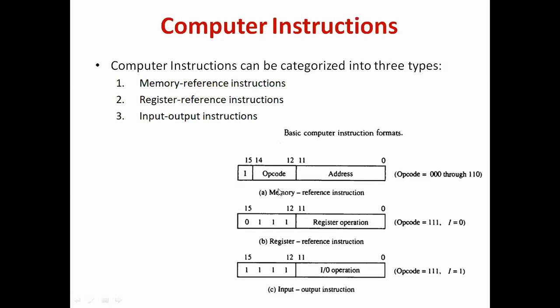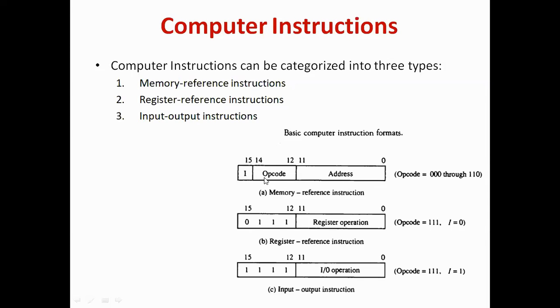If we say that this is the 16-bit instruction, the first 12 bits, 0 to 11, is the address, and the next 3 bits, 12, 13 and 14, is the operation code, which will tell the processor which operation it has to perform. It will tell the ALU whether it has to perform add or and or some other operation.